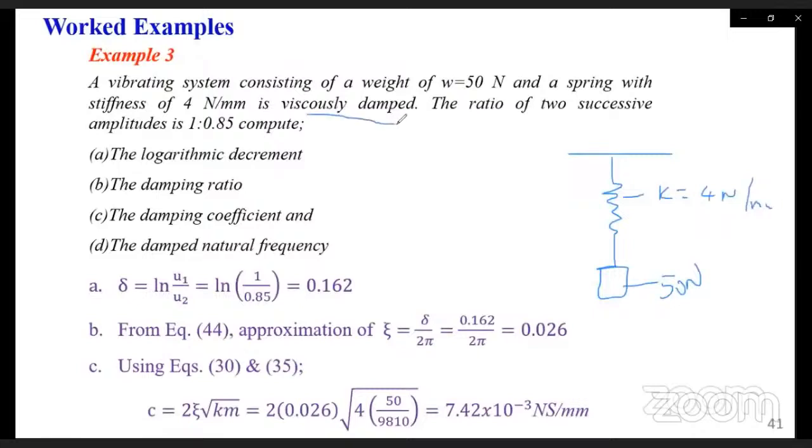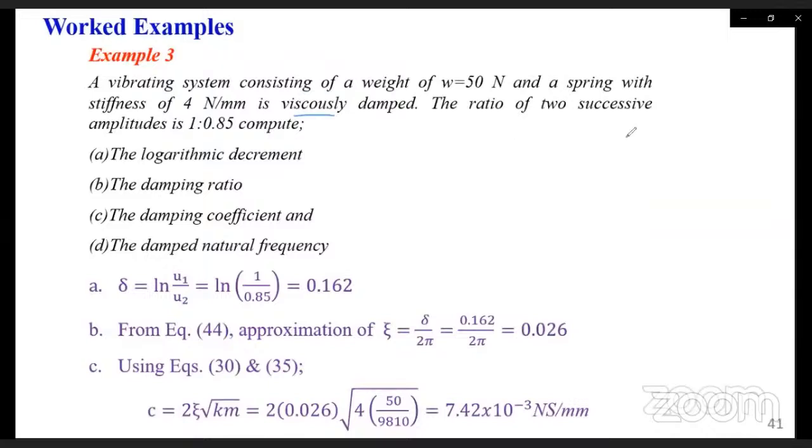And it's viscously damped. The word viscous allows us to assume that the damping force is directly proportional to the velocity, which is the assumption you made when deriving the fundamental equation of motion.